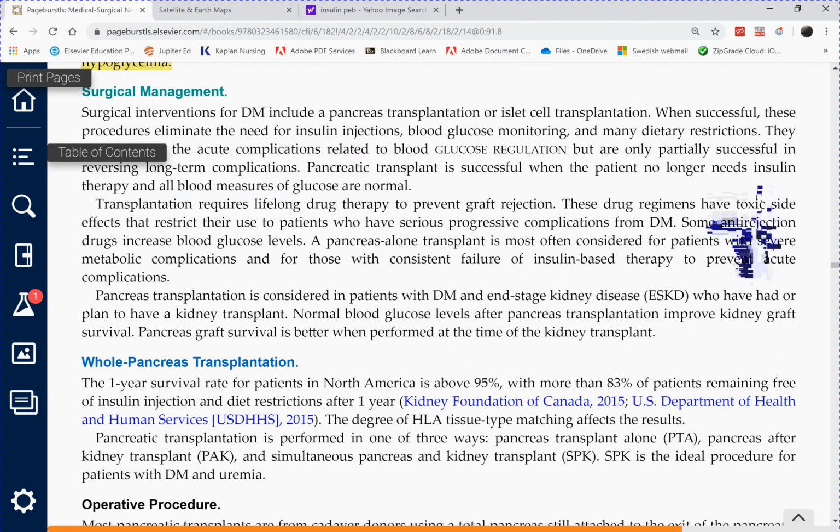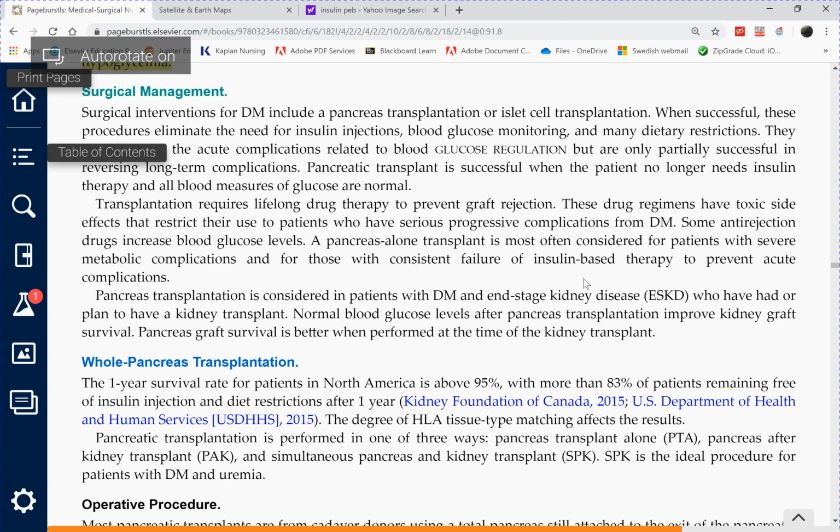This part here we will not discuss because it involves treating diabetes with surgery. This is referring to pancreatic transplantation, meaning the patient has diabetes, especially type 1 or even type 2, so they will get a new pancreas. Well, not really new, but a recycled pancreas from a non-diabetic.